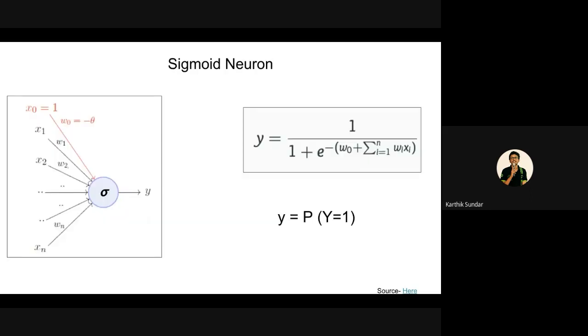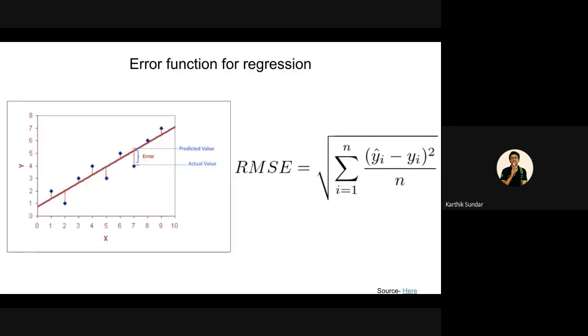This actually gave birth to a lot of advancement in neural networks. Now, y is equal to 1 by 1 plus e power minus sigma WiXi, and this y can be modeled as the probability that y equal to 1. So instead of having a harsh logic, just have a probability based logic here. So that gave birth to the sigmoid neuron.